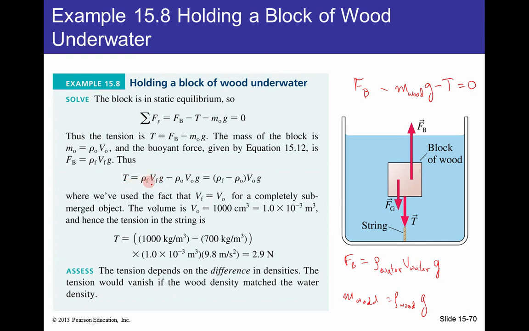The tension is the density times the volume times g of the water minus the density times the volume times g of the wood, and then we can do some math here. So we get the density of water, density of wood, and that gives you 2.9 newtons.